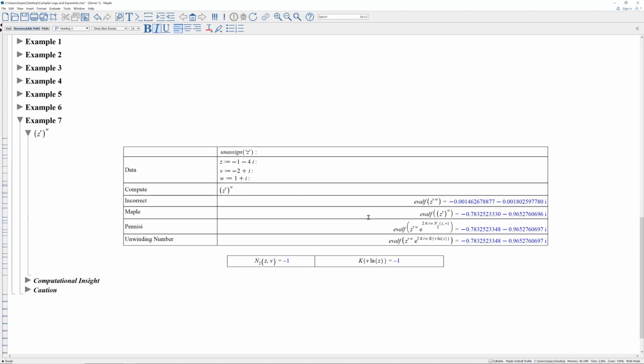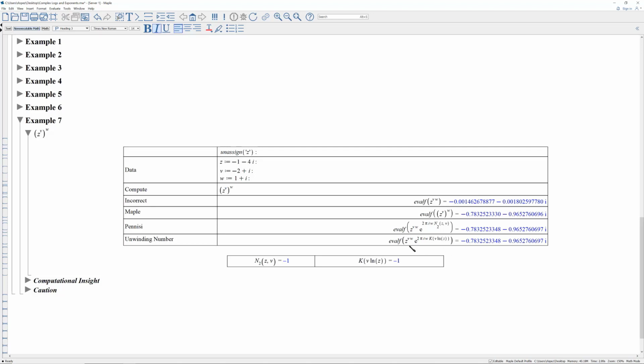If we do it incorrectly and multiply the two exponents, I will get this answer. There's nothing here really to tell me that it's not the right answer. If we let Maple do it, Maple will do it correctly. It will compute z to the v first, and then raise that to the w power. We get this answer. If we do it incorrectly, but compensate with the Panizzi compensation, we get the correct answer because these match.